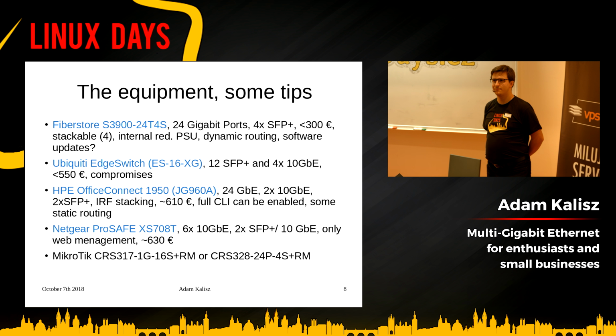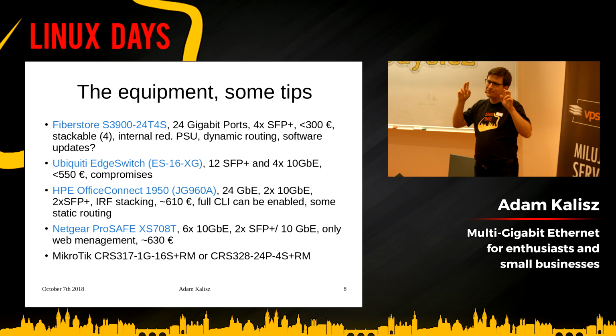Actually, MikroTik sells some transceivers that basically just translate the electrical signal to 10 gigabit copper cable. Those cost, I think, something like $70. It's not cheap, but if it's just this one connection that you need, then maybe it will be sufficient. FiberStore has 10 gigabit copper transceivers for 150 euros or something, which is expensive.